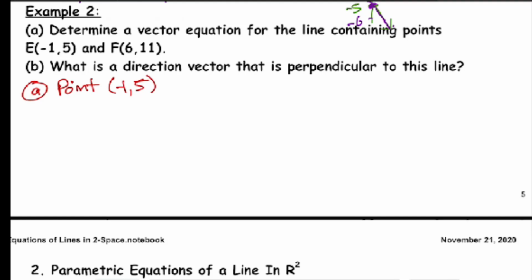So my point is going to be (-1, 5). Next, I'm going to find my direction vector, or a direction vector. There are equivalent ones.